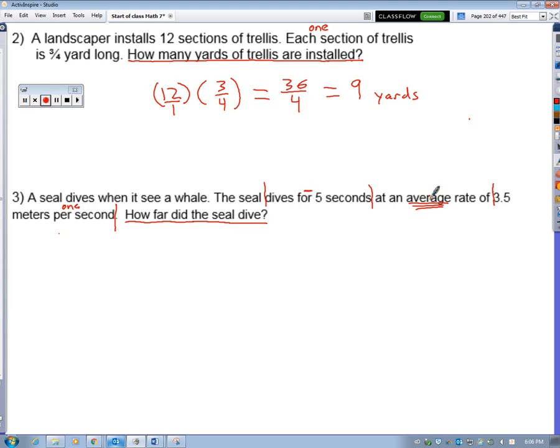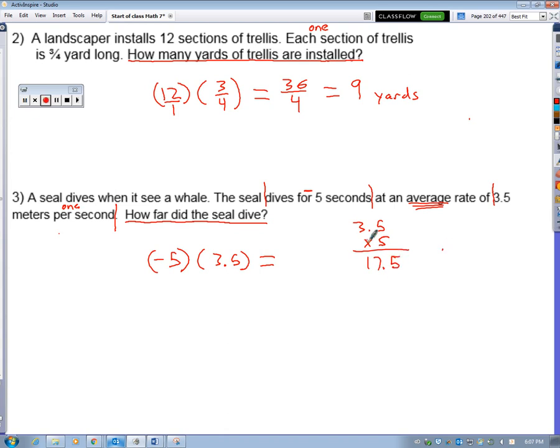So we're going to multiply this together. We have negative 5 seconds multiplied by 3.5. When we multiply those together, if you were going to set this up over here and go through our multiplying steps, we would come up with 17.5.